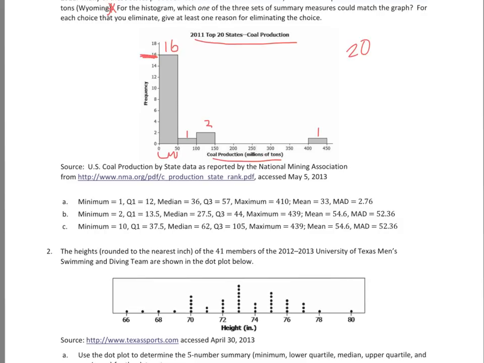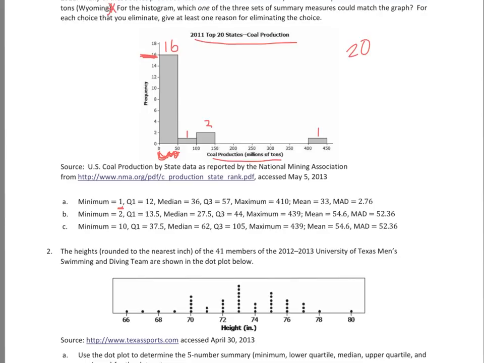So the minimum 1, well, that could be the case because we're between 0 and 50. Quartile 1 is 12. Yeah, I think it could be, because it's within this piece right here of 0 to 50, and 12 lies within it.